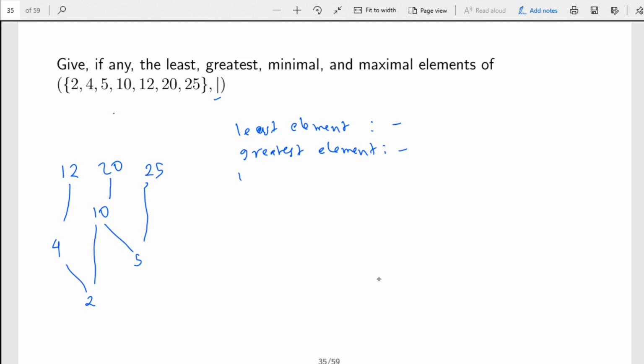And how about the minimal elements? This is pretty clear. The minimal elements are 2 and 5, whereas the maximal elements are 12, 20, and 25. So that's the second question.